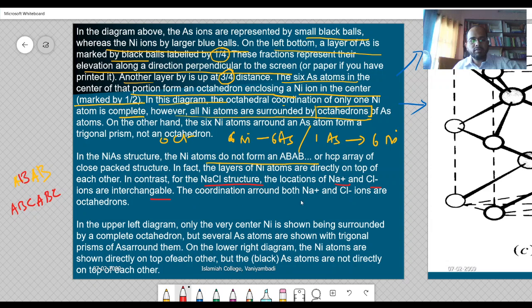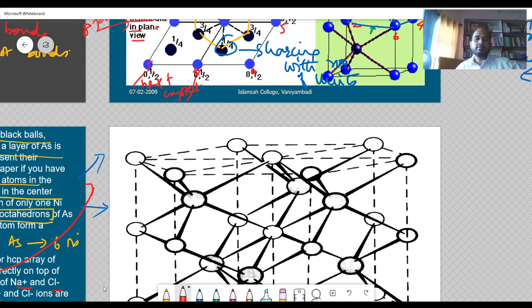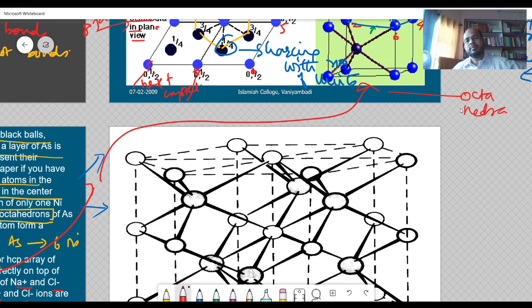The coordination number for both Na plus and Cl minus are octahedral. In the upper left diagram, one nickel is clear, shown being surrounded by a complete octahedron. This I have explained as putting the octahedron. Okay, you can see the picture there.